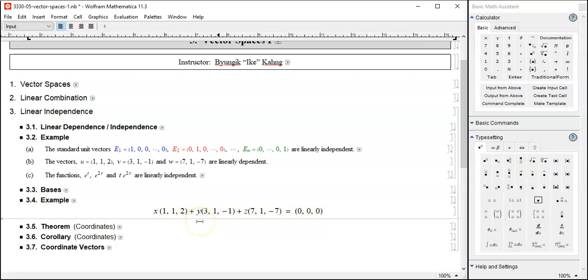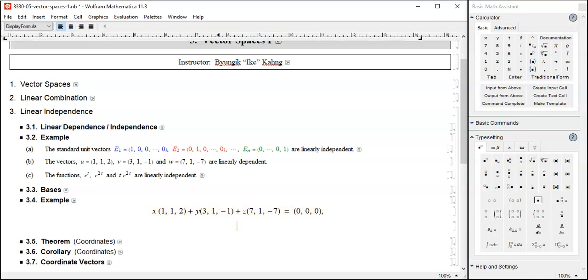Okay, let's set it up. And then here goes the first coordinate. x plus 3y plus 7z is equal to 0, okay?